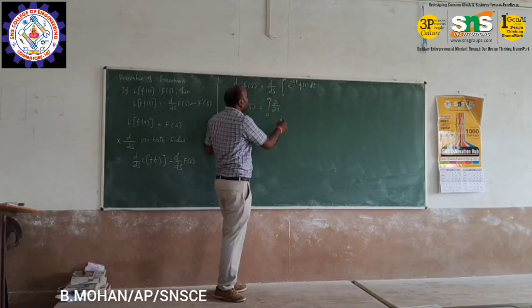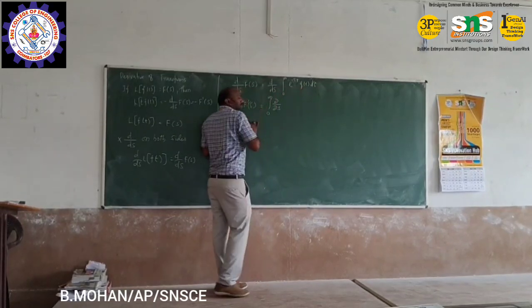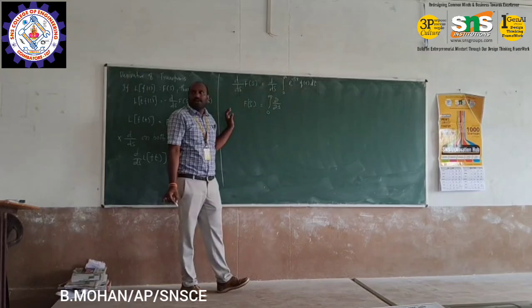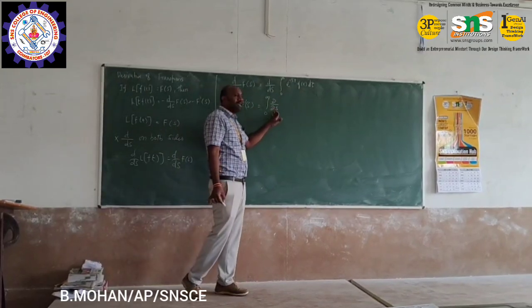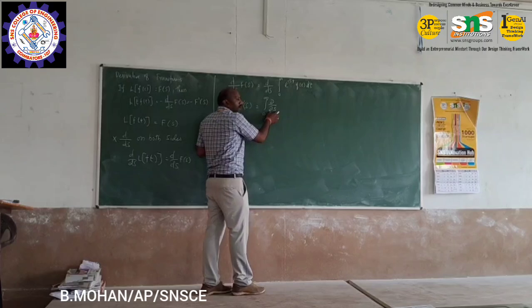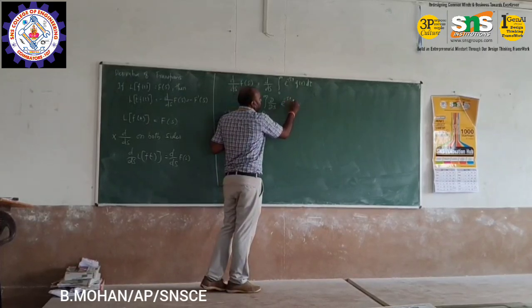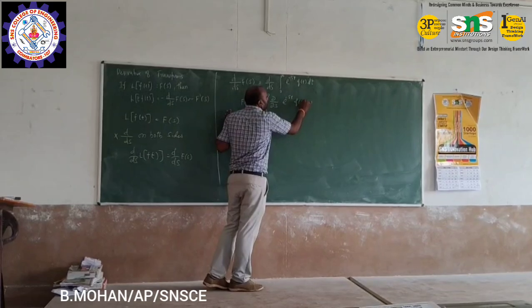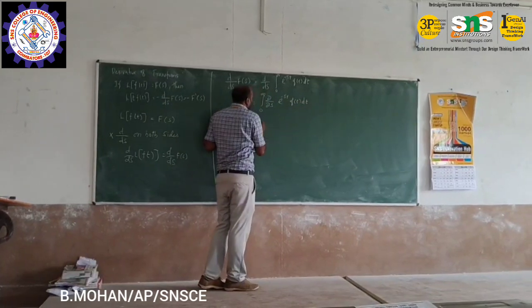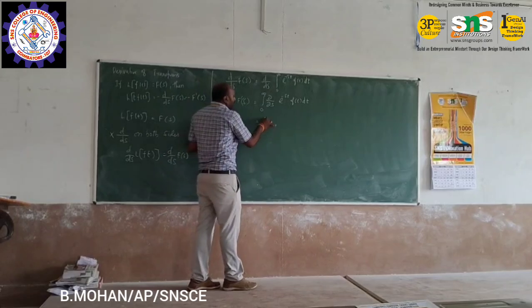Only the variable s is being differentiated, so we put dou by dou s. That is partial differentiation. Then the integral from 0 to infinity of e power minus st into f of t dt.